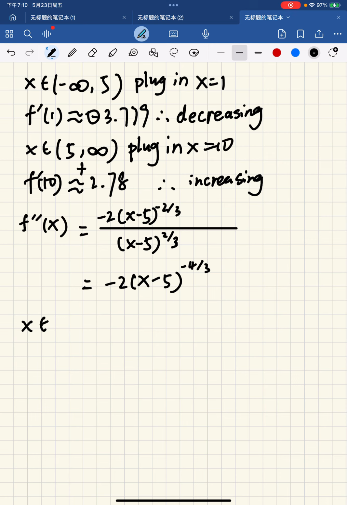Still just plug in a value inside that interval. So when x is in the interval of negative infinity to 5, we can know that f''(x) has the negative sign.